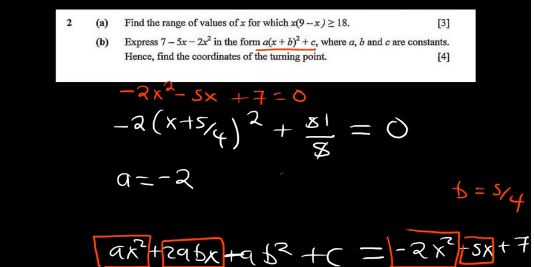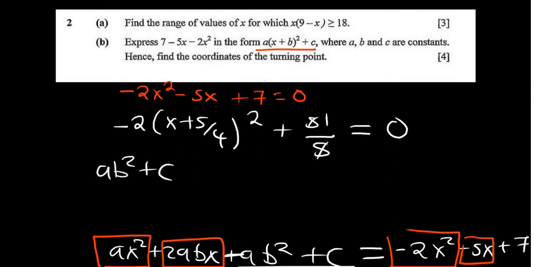So now you can finally find your c by getting this last part, ab squared, the constant we have. So ab squared plus c should be equal to the constant 7. Now don't forget that the value of a has already been found to be negative 2. The value of b has been found to be 5 over 4. So 5 over 4 squared plus c is equal to 7.